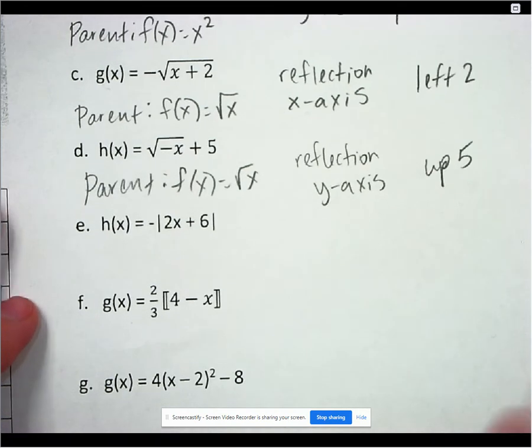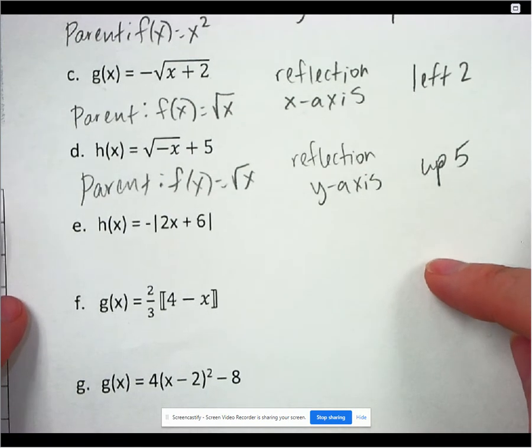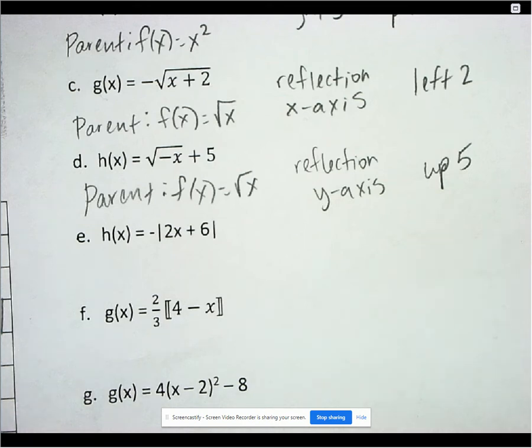All right, so E is one where it feels like this one is going to have a horizontal shrink, and then be shifted to the left 6. But that's actually not going to be the case. So I'm just going to grab a calculator real quick to show you.